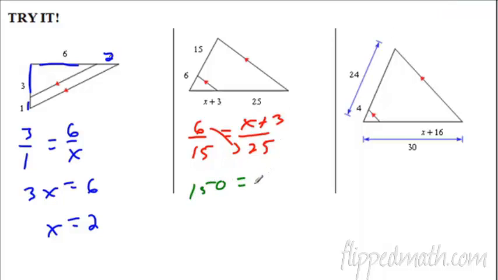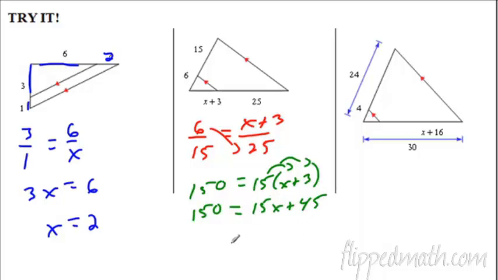Then 15 times X plus 3, and I'm going to distribute this. So really 150 equals 15X plus 45. Subtract 45 from both sides and you get 105. Does 15 go in there evenly? 15 goes in there, oh my gosh, 7 times? Is that right?